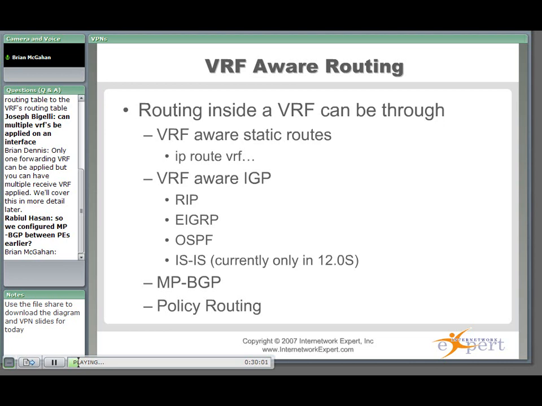We can also use VRF-aware BGP, and we can do policy routing as well. Policy routing, I believe, is only supported in the newest 12.0S versions as well. You'd have to double check the feature navigator for that. So let's go ahead. First off, let's do some basic static routing inside of the VRFs in order to get reachability between these links here.